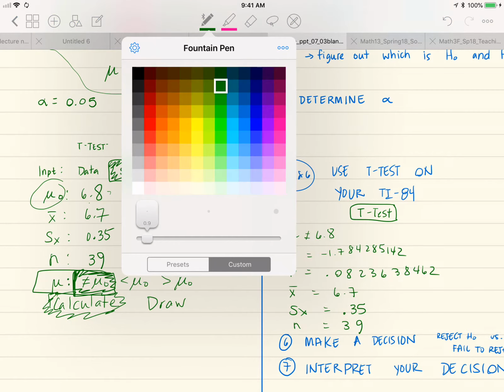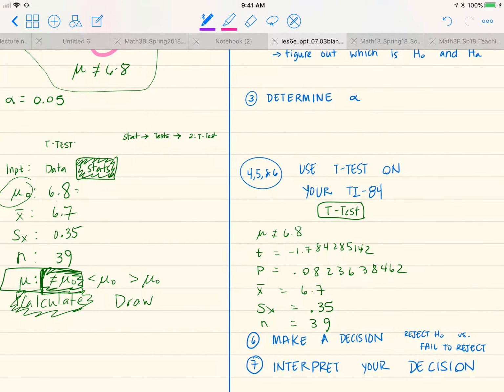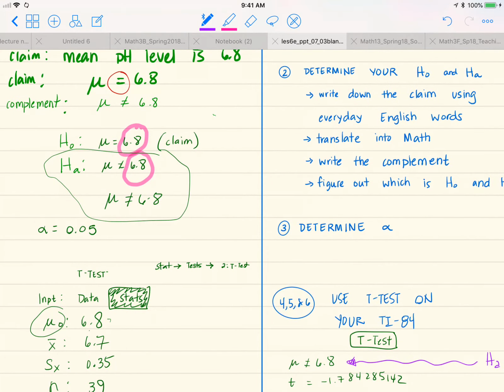Okay, so let me explain or remind you of the printouts. What is this stuff? This top line here is your HA, so it should align with what you chose back in step 2.